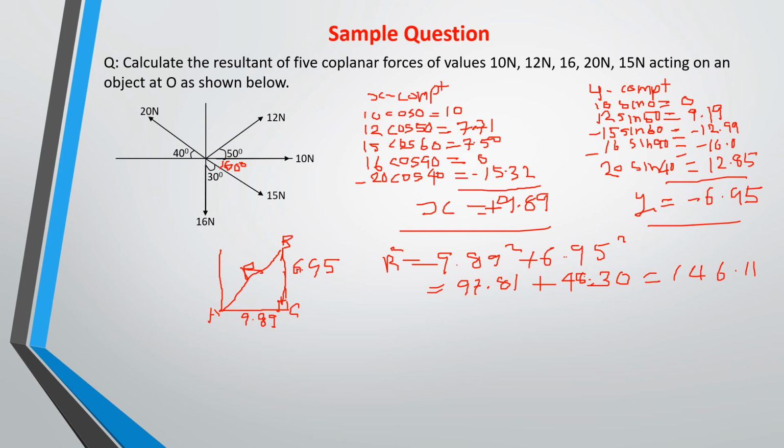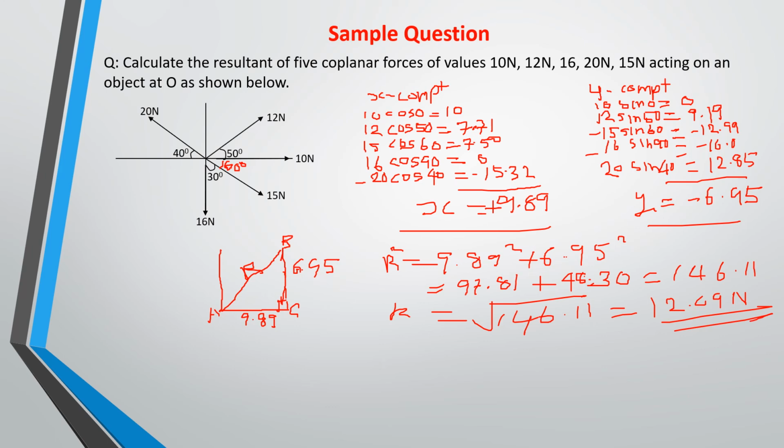If you square root both sides, R is equal to the square root of 146.11, and that gives your R to be equal to 12.098. Okay, so this is how to solve this.